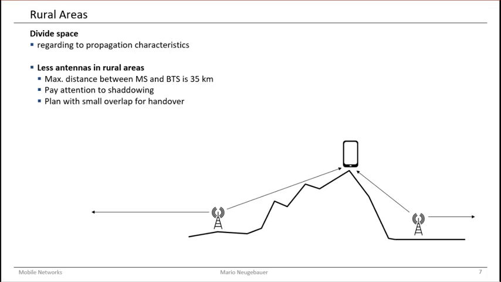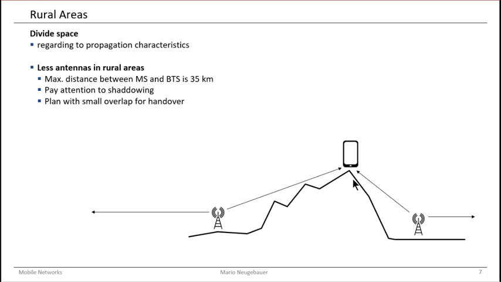And this leads to a theoretical distance between two base stations of about 70 kilometers. But actually, whether we are in rural, urban or some other areas, we should also think about the obstacles between the antenna and the mobile station, and this leads to situations like this shown here.